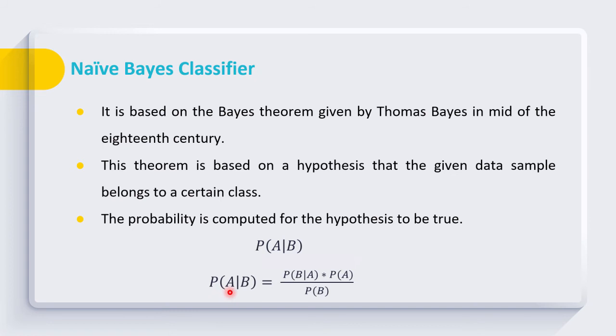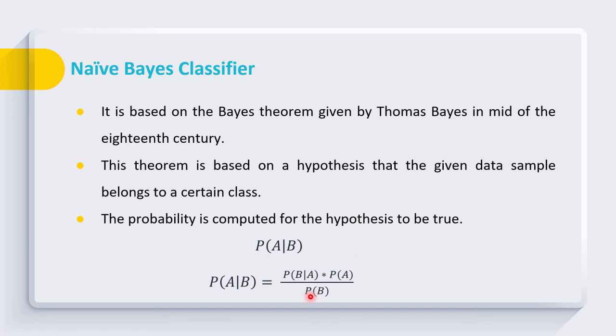It states that probability of A given B is equal to probability of B given A multiplied by probability of A divided by probability of B. So this is the Bayes theorem which is used to calculate the probability of a hypothesis to be true.